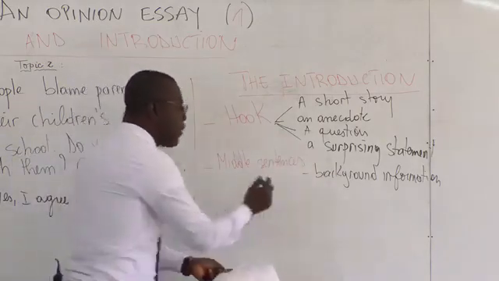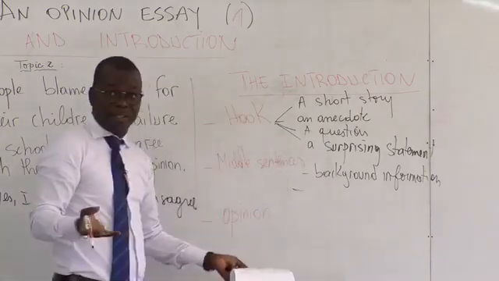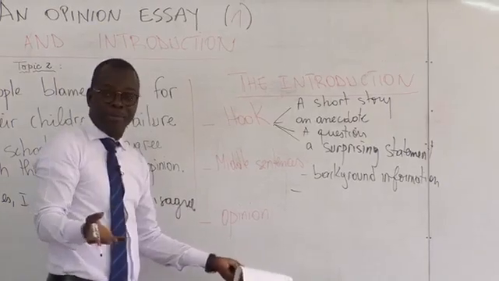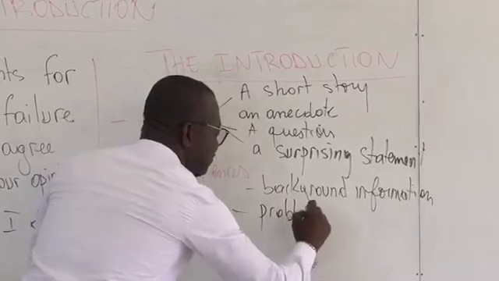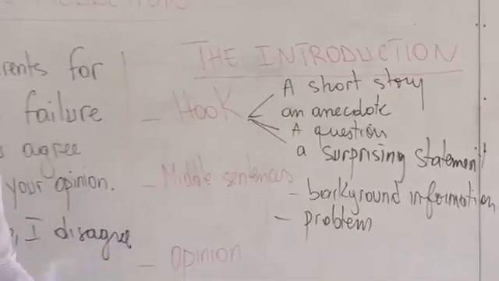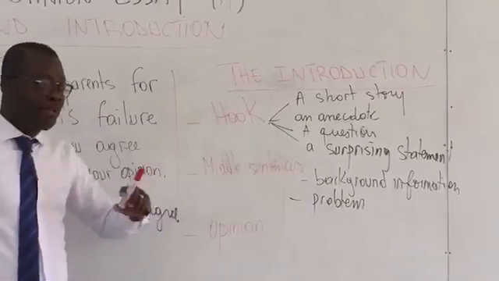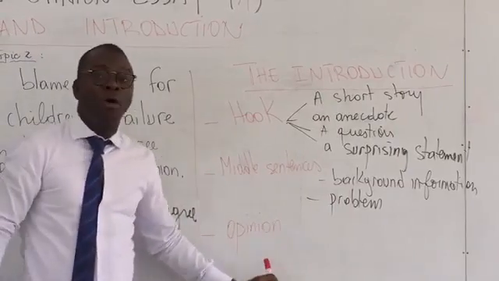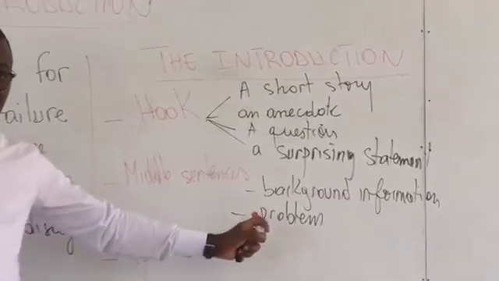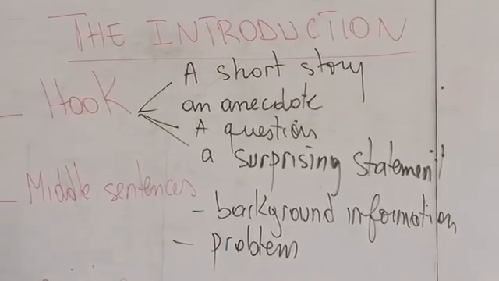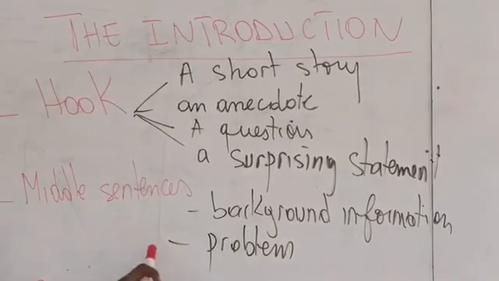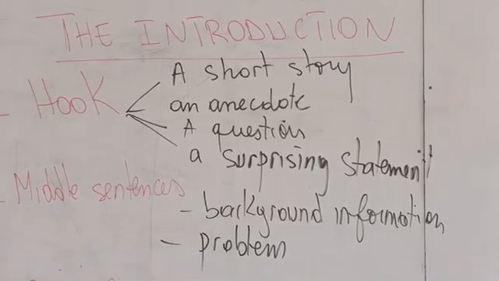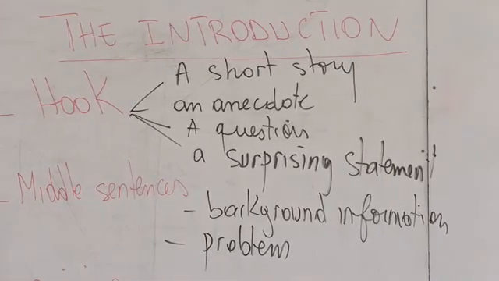And then you create the controversy, the problem. Why do you create the controversy? Because you have to give your opinion. You don't just come to answer a question with no question asked. So you create the problem here, and then you give your opinion in the introduction.